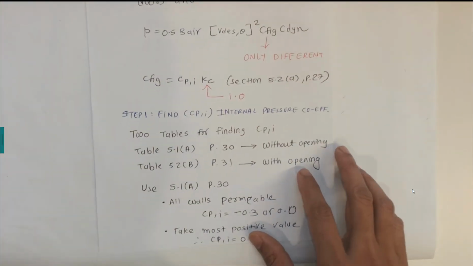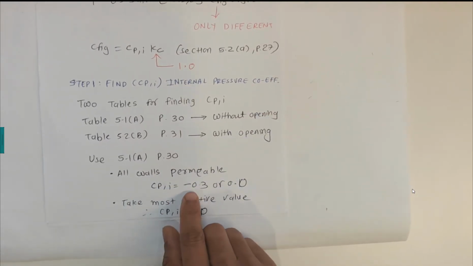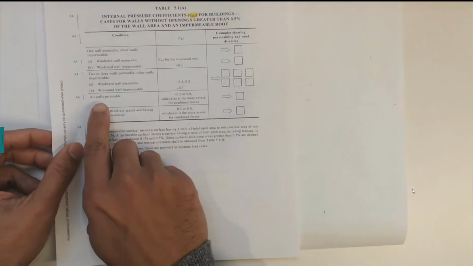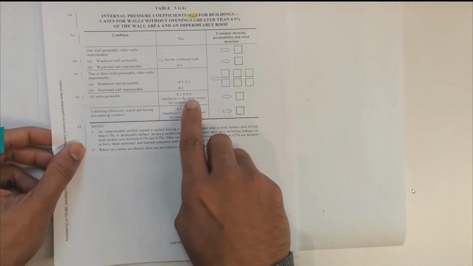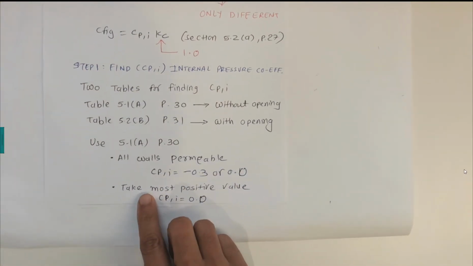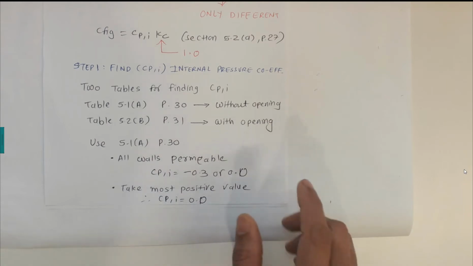In this case all the walls are permeable, so C_pi is between minus 0.3 and 0. We are going to take the most positive value, which is 0.